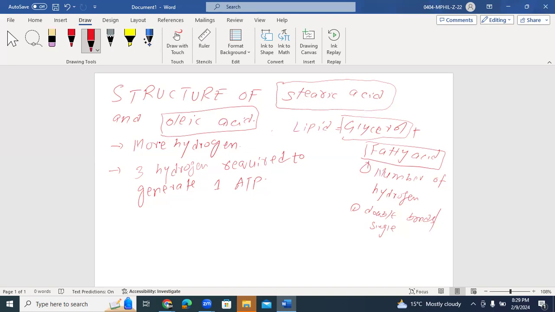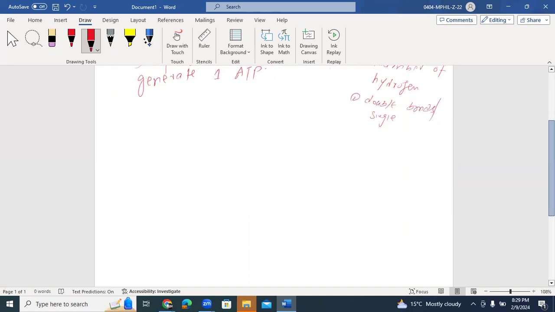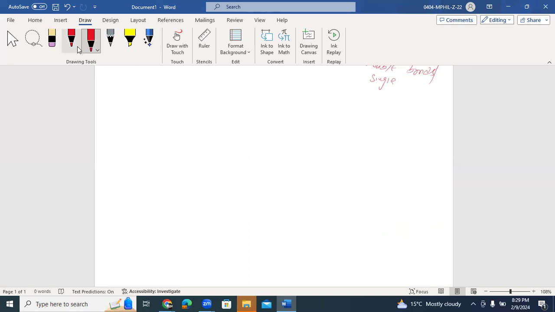For example, we are talking about stearic acid, and the second one we have, oleic acid. We will try to understand here how these hydrogen atoms will impact the amount of energy which will be produced as a result of the number of hydrogen atoms.